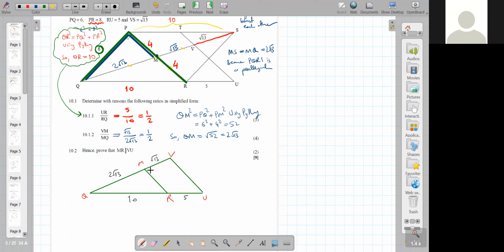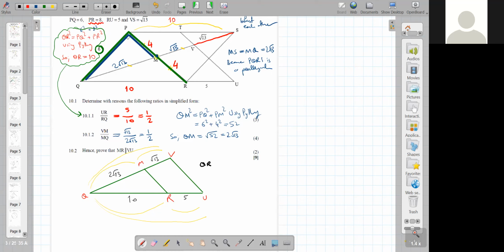But what we are going to write is this: QR over RU is equal to QM over MV. Or the long way, you can say QR over the whole thing, QR over QU is equal to QM over QV. Whichever one you write, basically we'll just write the basics, the minimum thing.